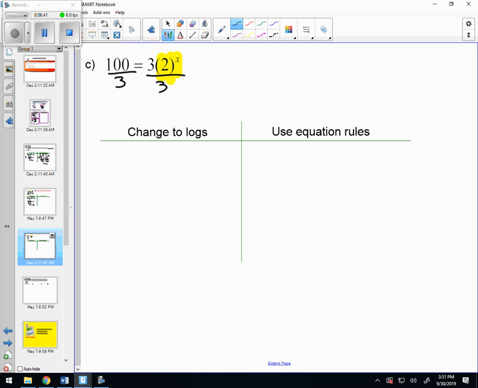So I now have 100 divided by 3. I'm going to leave that as a fraction equals 2 to the x. Now I can convert it to logarithmic form. Log base 2 of 100 over 3 equals x, and solve for x. X equals 5.06.